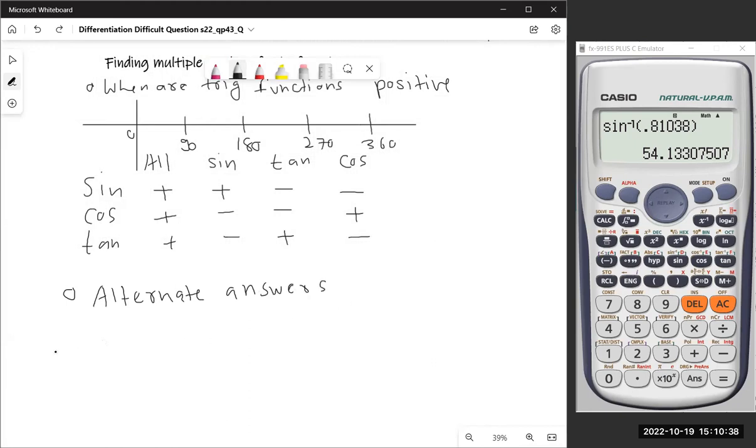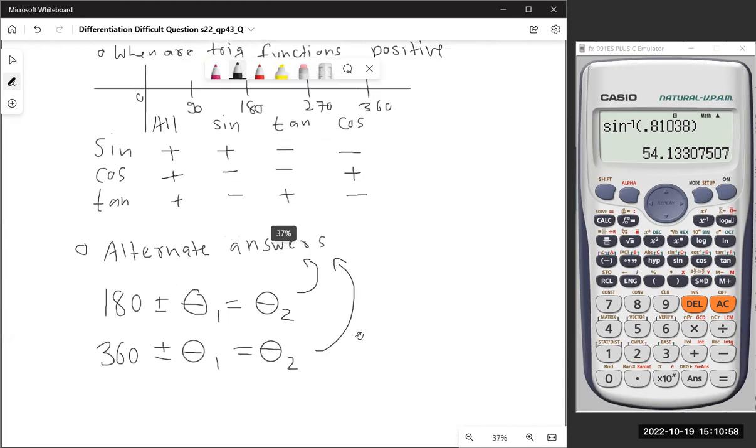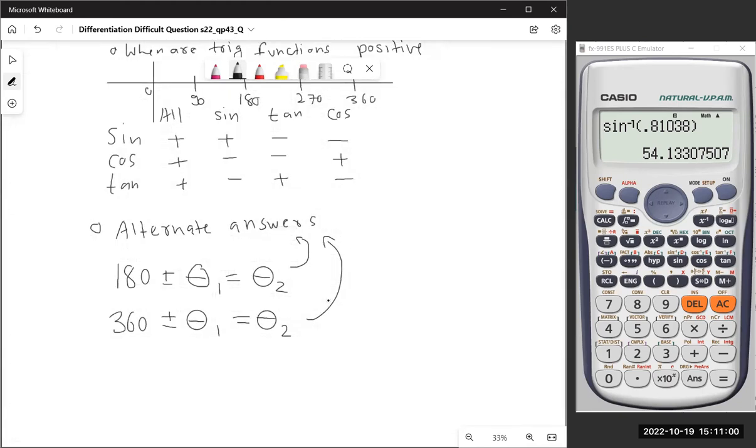Equals to alternate answers, then write 180 plus minus theta 1 gives us theta 2, which is our alternate answer. Or 360 plus minus theta 1 gives us theta 2, which is my alternate answer. Now both of these can give me alternate answers.